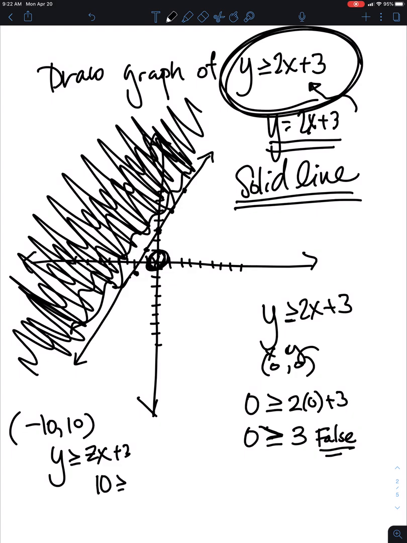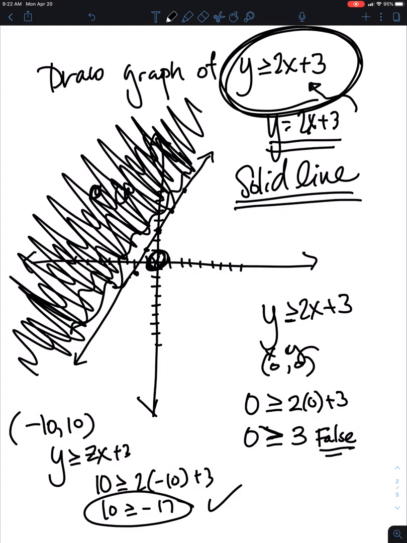So I've got 10 is greater than or equal to 2 times negative 10 plus 3. So is 10 greater than or equal to negative 17? The answer is yes, because it's over here somewhere, and it should satisfy that inequality.